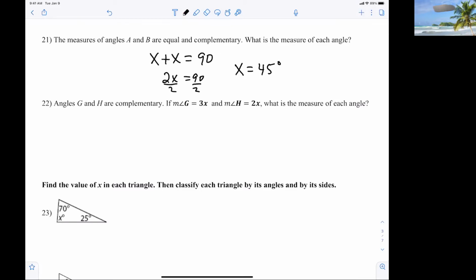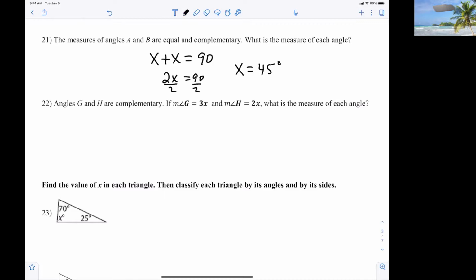Reese, you understand me, right? Avery, you're up. Measure. So what does complementary mean? Complementary means two angles what?